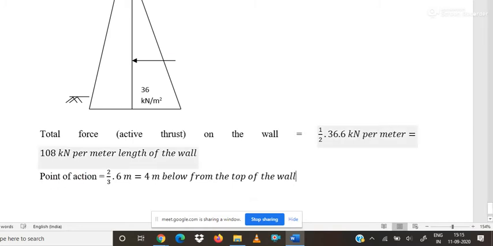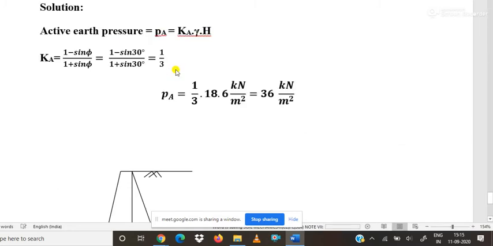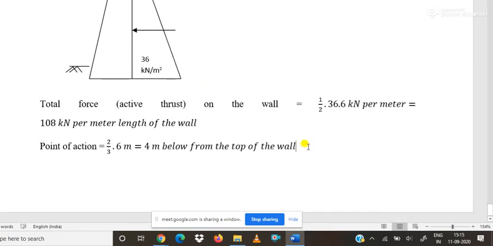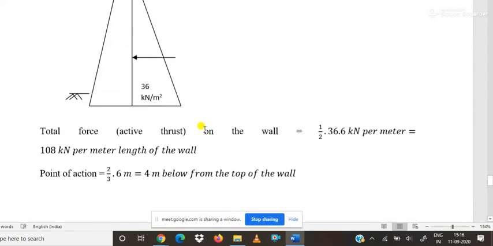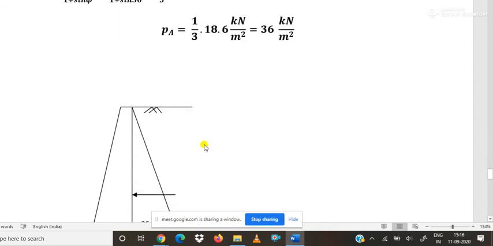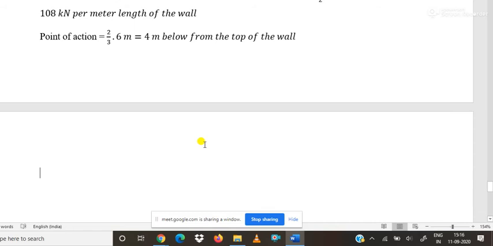This is one simple example, but there are different difficult parts, additional conditions and data, like one additional data that may be given: there may be a water table at the site.